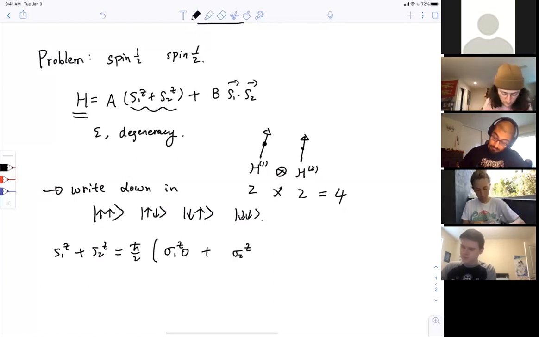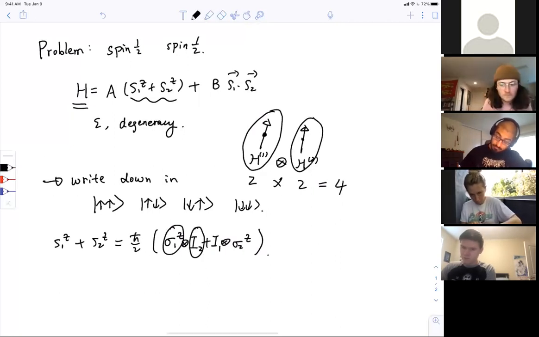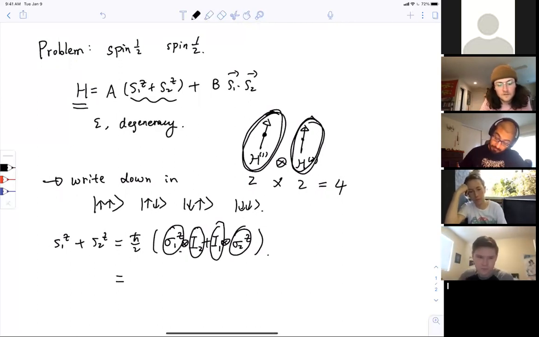Rigorously, there should be a tensor product with identity, and also a tensor product with identity, right? So basically, this operator acts on the first Hilbert space, and the identity acts on the second Hilbert space. Similarly, this operator acts on the first Hilbert space, and this second one acts on the second spin. Then you can use this tensor product to calculate it.